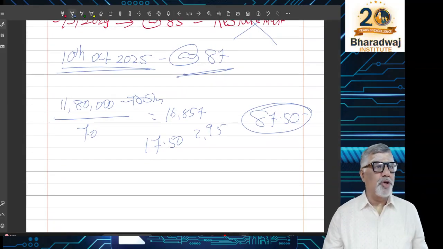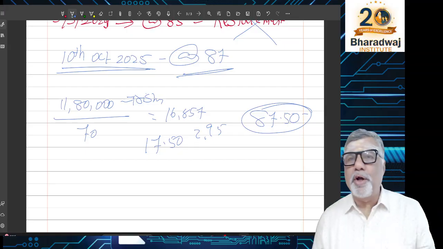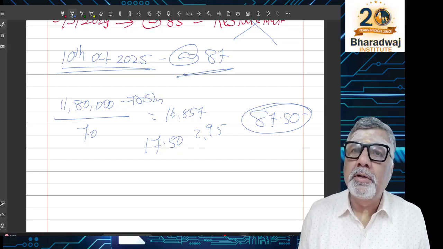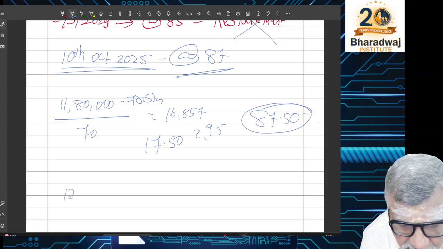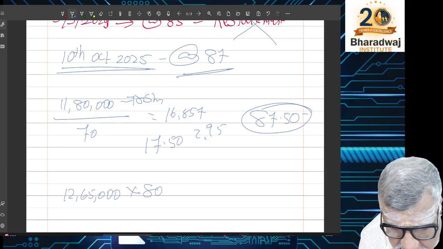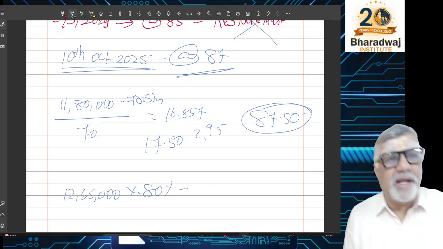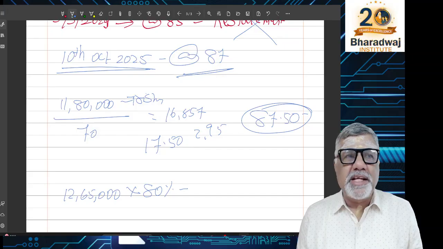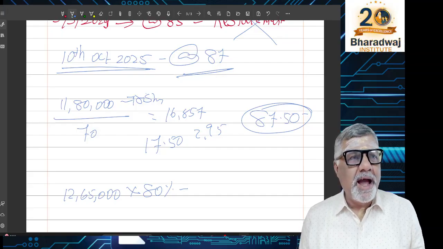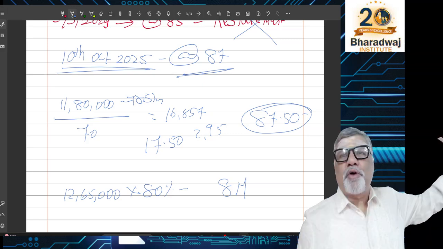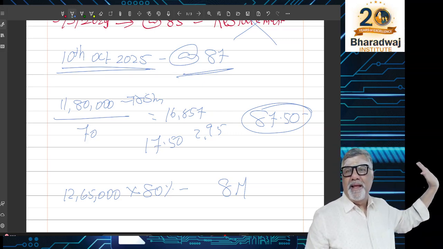Now I am going to talk about borrowing cost. What is the cost of Vayu machine? 12 lakh 65,000. Of this, 80% is funded by bank, and they have funded it for 8 months before putting the asset into use.